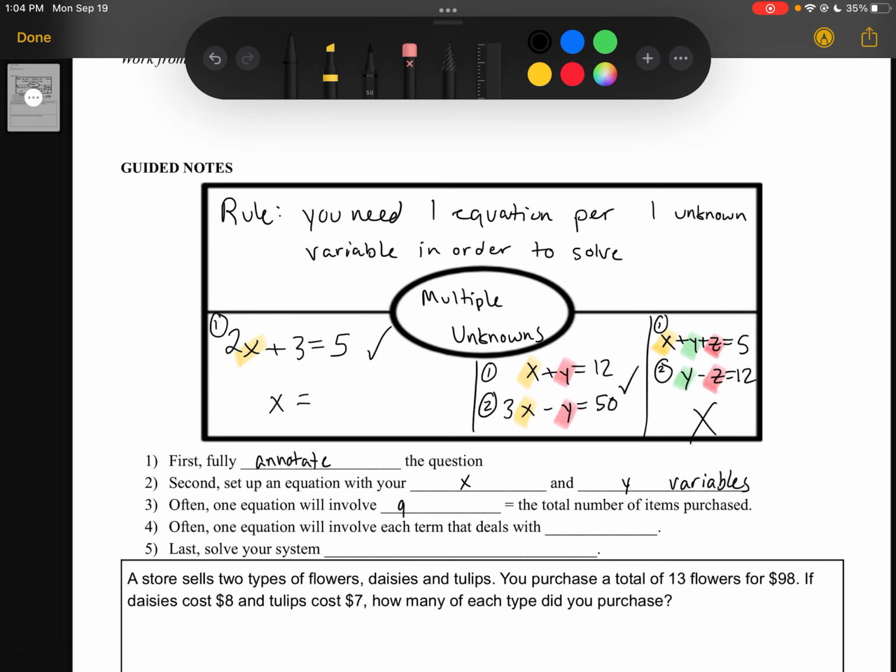Often, you will have one equation that involves just the quantity, and this will just be the total number of items purchased, or basically just the number of things that we're looking at. And then often one equation will involve each term that deals with money. So usually when these split up, you'll have one that has dollar amounts, and then you'll have one that is just counting. So just a good rule of thumb there.